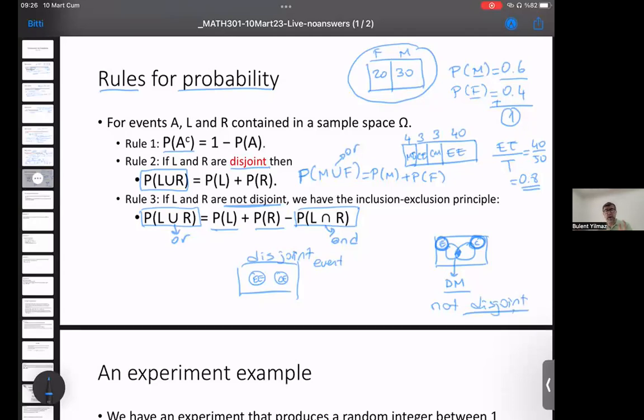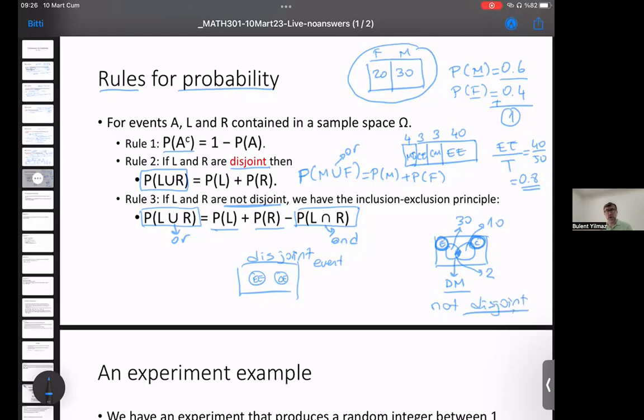I need to take them out of the whole number, right? For example, I have 30 electrical engineering students in this class. Let's say I have 10 computer engineering students, but there are 2 students who are doing a double major. What's the probability of choosing a random person from the group who is either an electrical or computer engineering student?